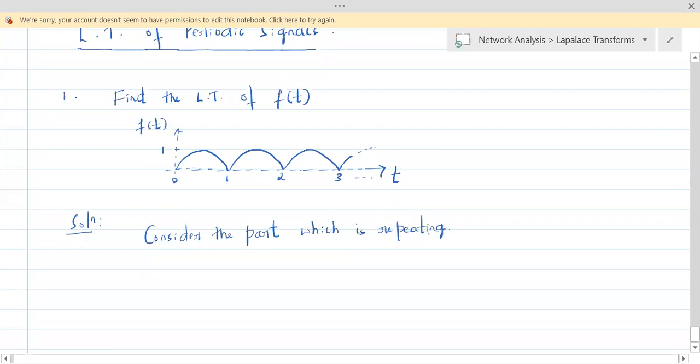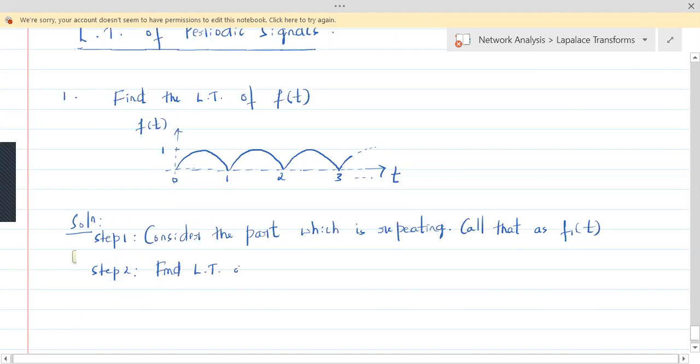Call that f1 of t. This is the procedure I'm giving you. Step 1, consider the repeating part as f1 of t. Step 2, find the Laplace transform of f1 of t.